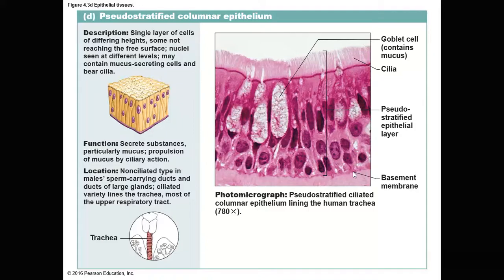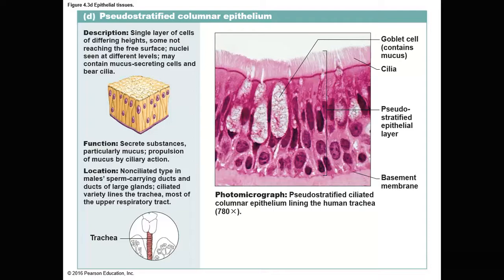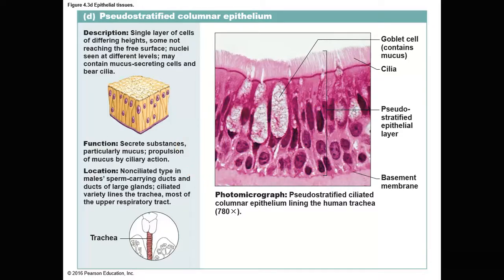All right, so again, the pseudostratified is a tough one to identify, but whenever you hear about anything dealing with the trachea or lining the upper respiratory tract, think pseudostratified columnar epithelium, okay. But again, pseudostratified is tricky to identify because it looks like it's more than one layer, okay.